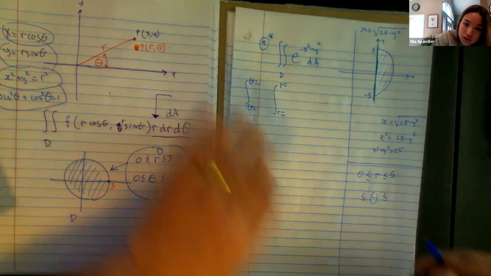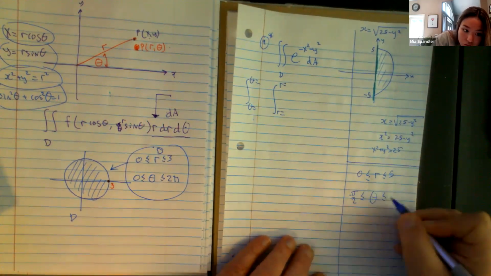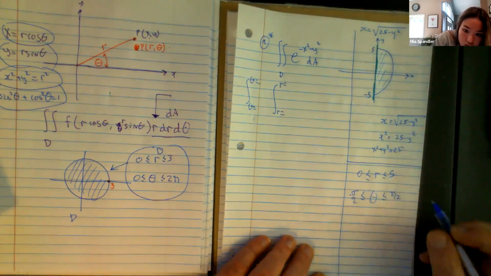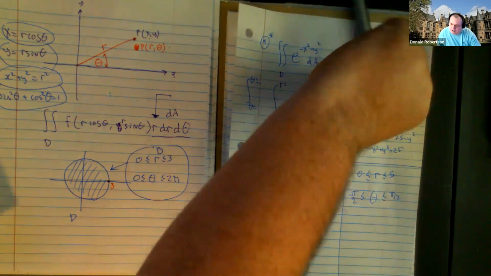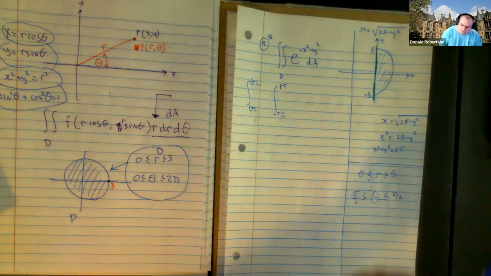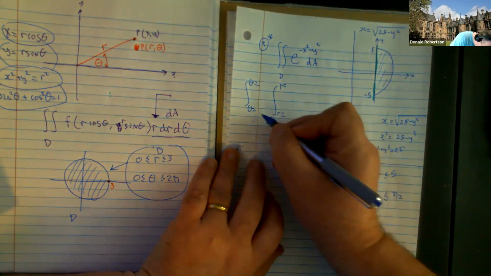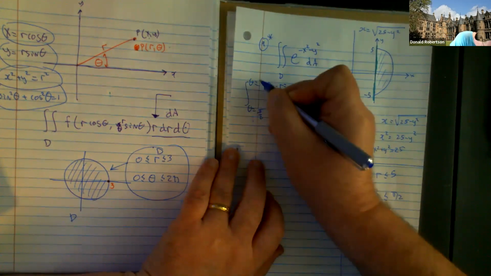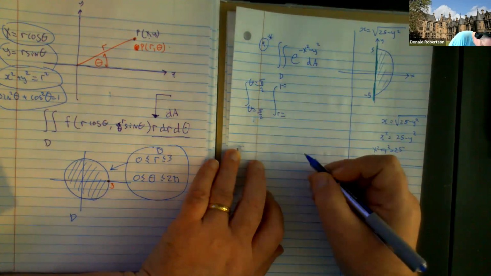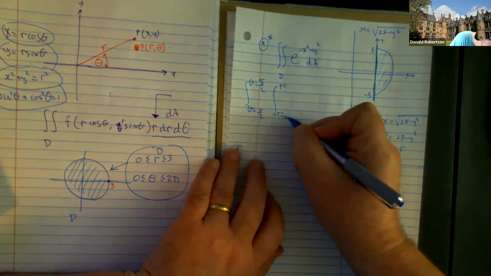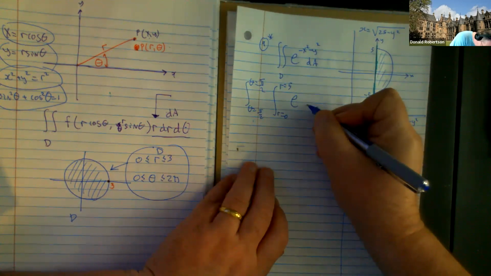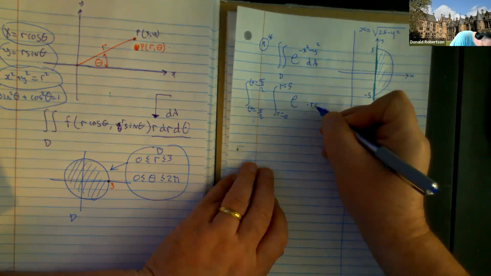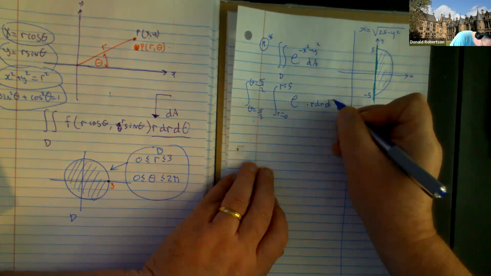Negative pi over 2 to pi over 2. Are we comfortable about the negative thing? You have to start this side, call it negative, and then curve up to the other one. So we have negative pi upon 2 to positive pi upon 2, and r is going 0 to 5. We have e to this, and then we're going to have an r dr d theta.